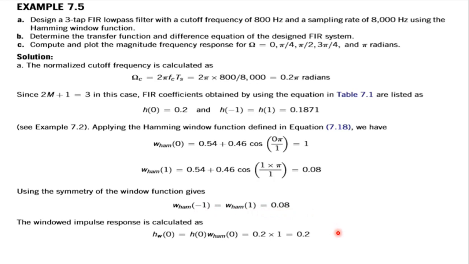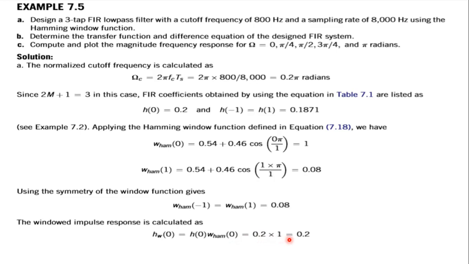The last thing is that we have to multiply the window value with the impulse response at their respective values of n. That means at n equals 0, we have to multiply the impulse response at n equals 0 with the window value at n equals 0. Here hw of 0 equals h of 0 multiplied with the window value at n equals 0. h of 0 is the impulse response at n equals 0, that is 0.2, and 1 is the window value at n equals 0.